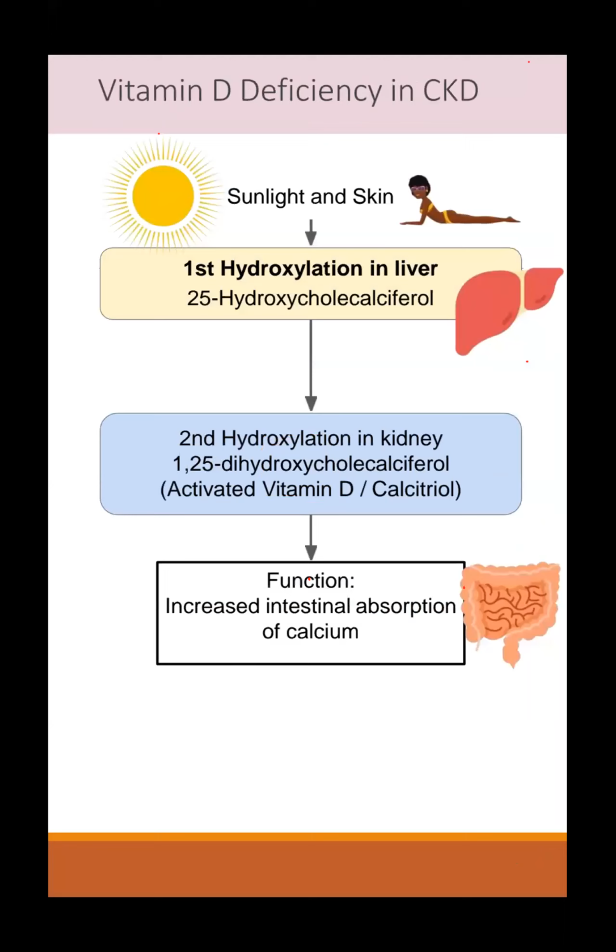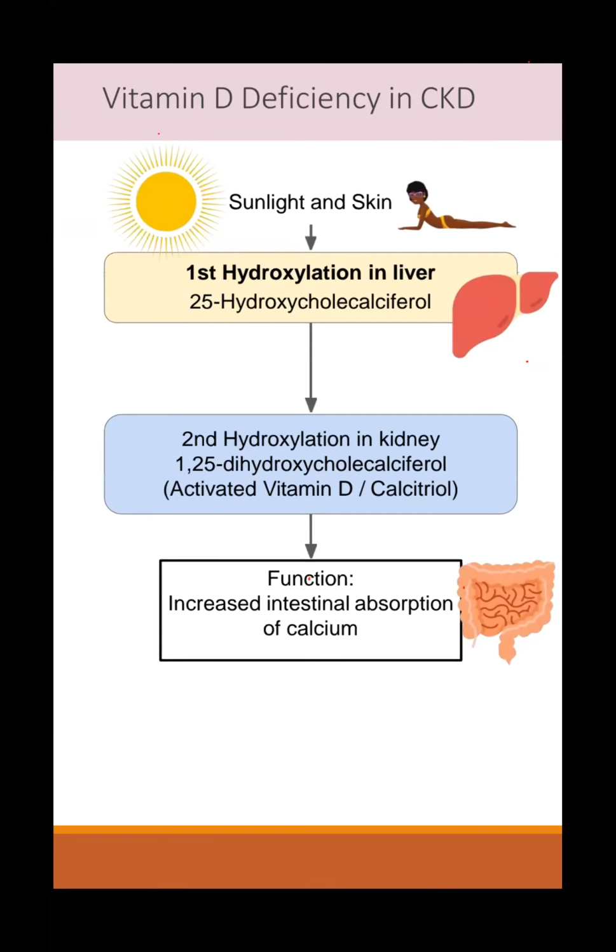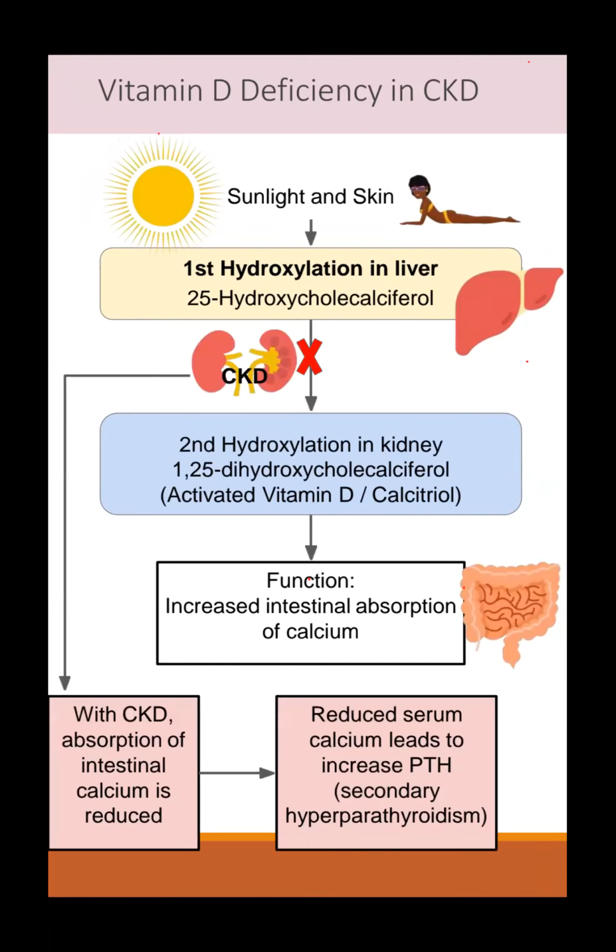So, vitamin D deficiency in CKD patients. I will advise the patient about sunlight and skin, with first hydroxylation in the liver, 25-hydroxylation, and second hydroxylation in the kidney, giving 1,25.